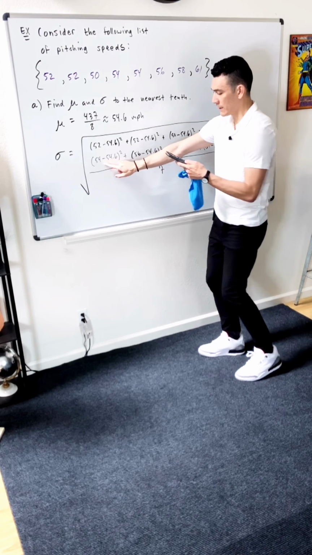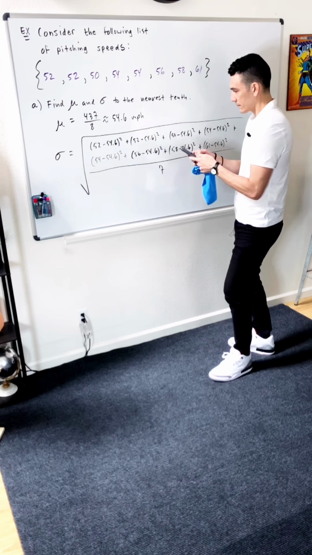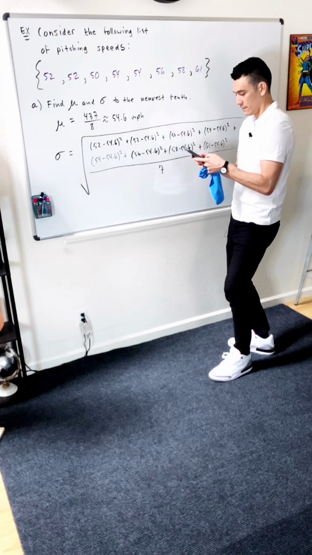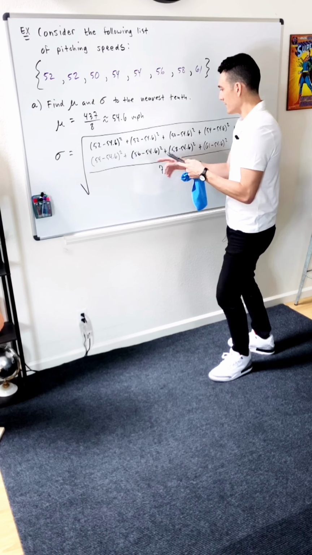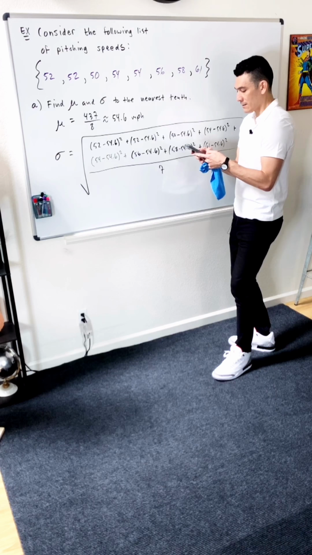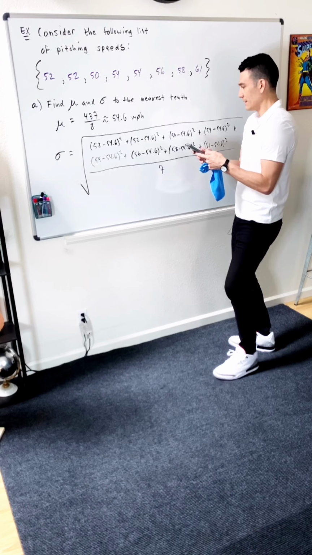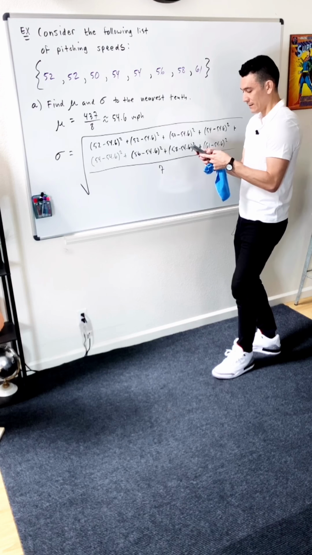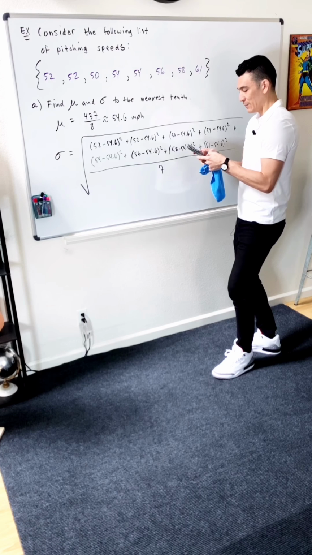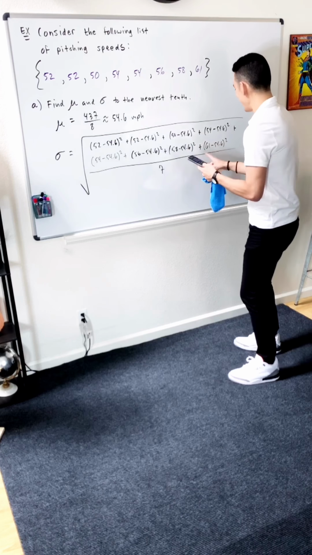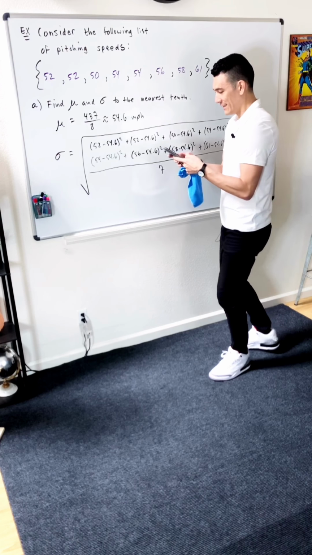And then I need this one here, squared plus 56 minus 54.6 squared. And then another one, 58 minus 54.6 squared. And then 61, right? 61.